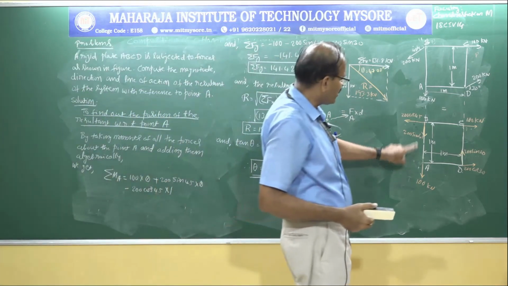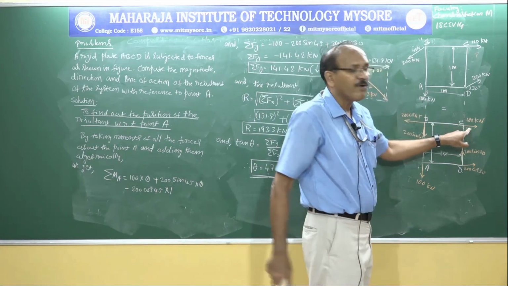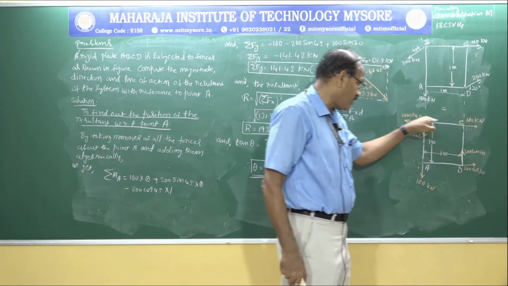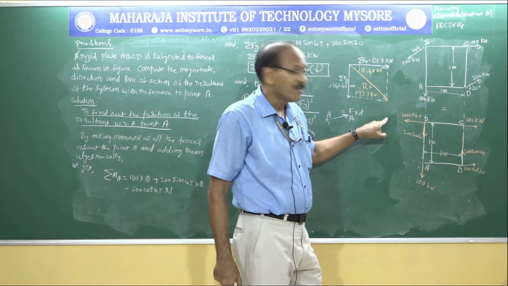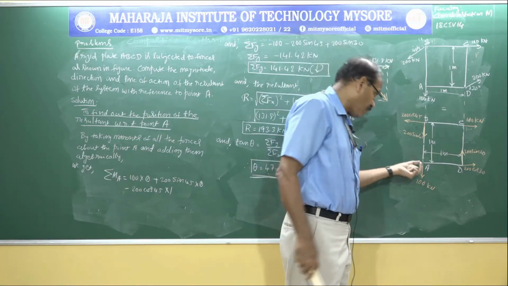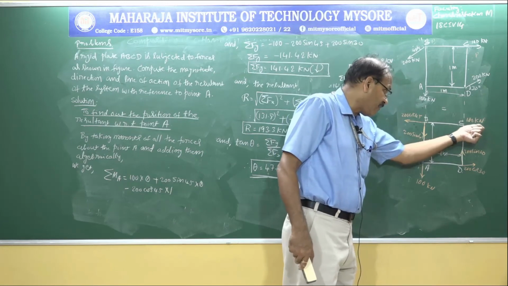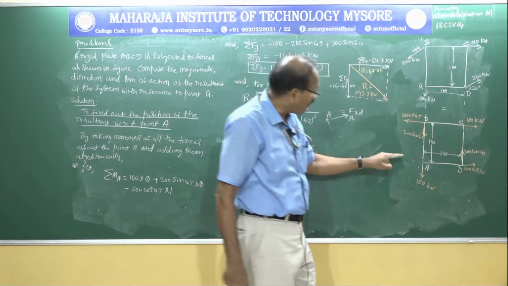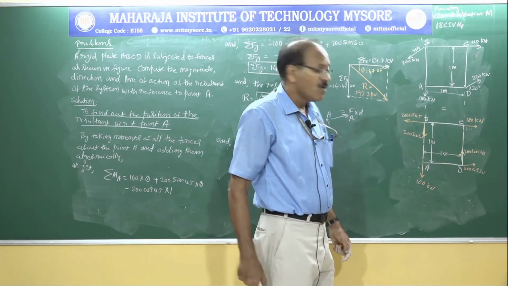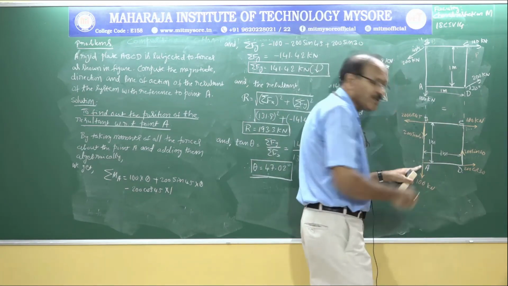So we have covered this force and this force. Again, if you come to point C, we have the 100 kilonewton force. Extend this backwards. This is the line of action of the 100 kilonewton. From this point, draw a perpendicular line to the line of action of the 100 kilonewton. What is the perpendicular distance? Again, it is 1 meter. What is the moment this force is causing about this point?